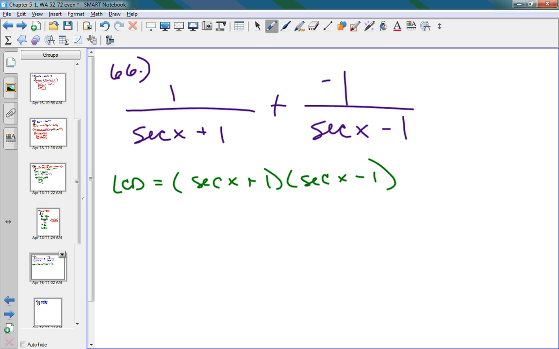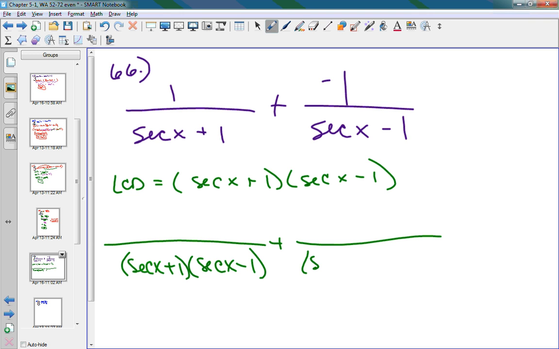Now, do we understand that that's our LCD? It's no different than taking 1/2 plus 1/3. You multiply the 2 and the 3 together, right? So I need each one of these denominators to be secant of x plus 1 times secant of x minus 1.